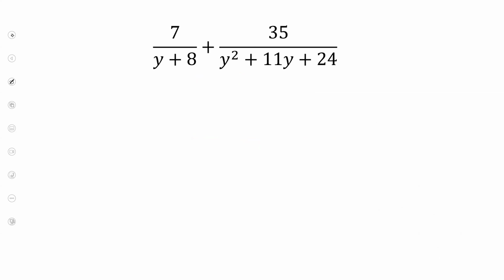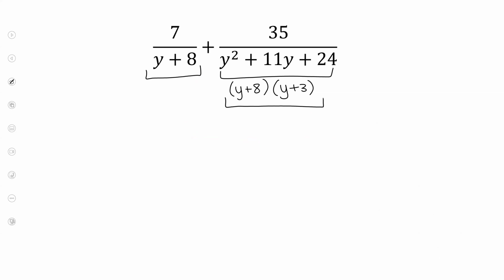Next, you need to factor this denominator. That will be y plus 8 times y plus 3. Now, does this denominator look like this denominator? No, it doesn't. I need to multiply it by a y plus 3. Now they match.